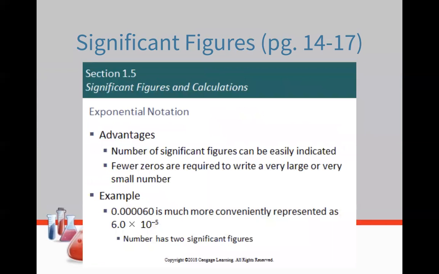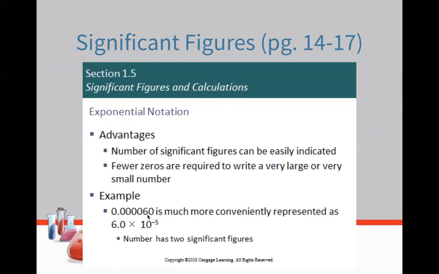All right, exponential notation, aka scientific notation, is something we are going to use extensively, and it helps for writing a number that has a lot of digits in a way that's a little bit easier. In this case, we've got 0.000060, and that's a lot of non-significant zeros. So why not write it as 6.0 times 10 to the negative 5? We moved the decimal point 1, 2, 3, 4, 5 times to the right.